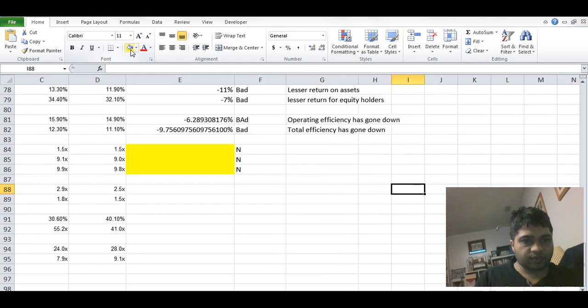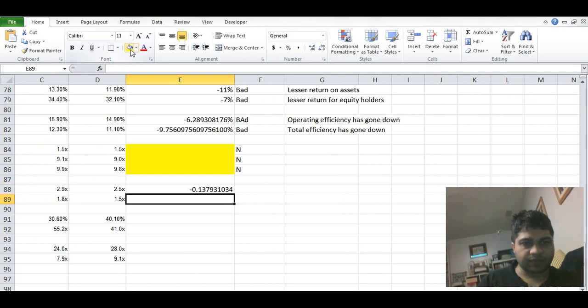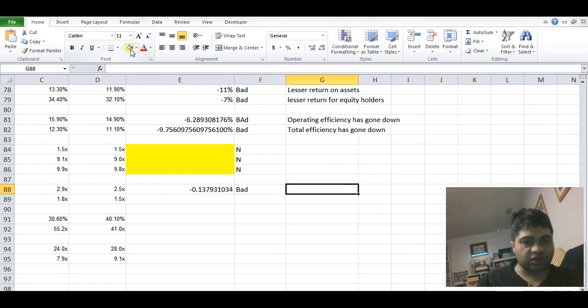Current ratio has fallen, so it's 2.5 divided by 2.9 minus 1. So that is bad, it has gone down by 13%. So liquidity is going down.